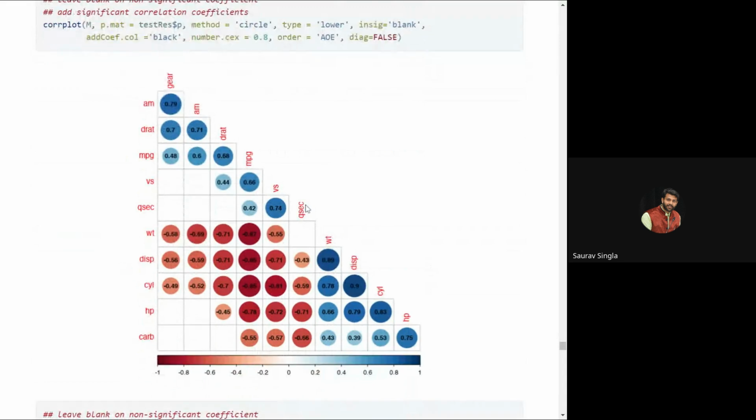In this one, the non-significant correlations have been directly removed from the plot instead of placing a cross.